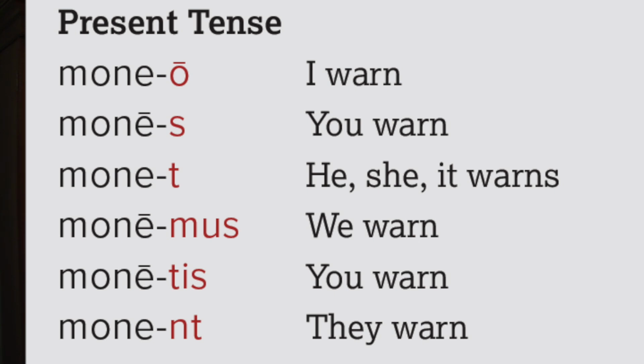But instead of being added onto a word that ends in an A, like amo, amas, amat, amamus, amatis, amant, it's been added onto a word that ends in an E. Moneo, mones, monet, monemus, monetis, monent. Okay? Very, very simple. And the great news is that this works in the other tenses too.